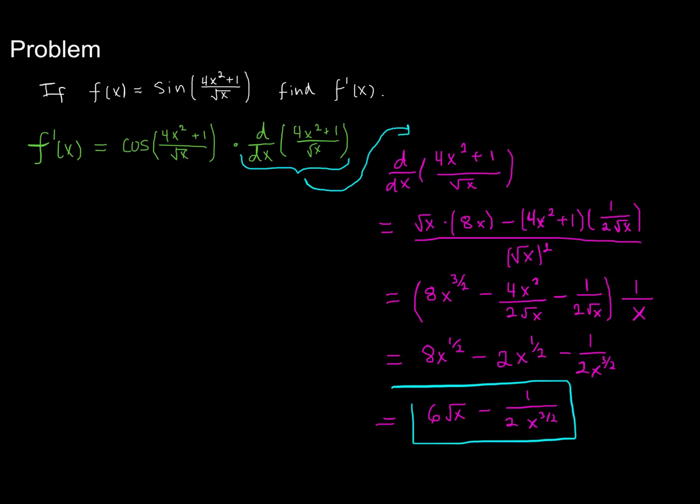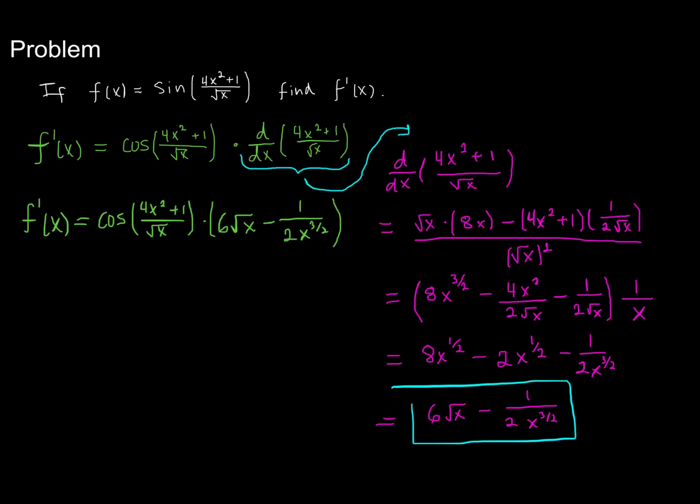And so now I can come back over and continue my work here, finding the derivative of my function f, which is going to be, again, cosine of 4x squared plus 1 over the square root of x, then times this piece here, which is 6 square root of x minus 1 over 2x to the 3/2.